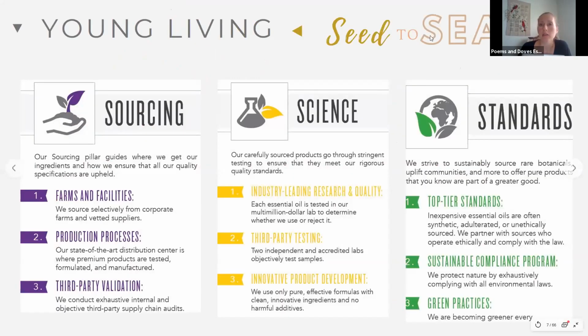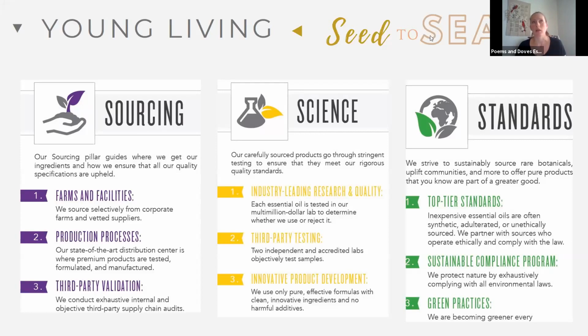Seed to seal is their promise, that from the seed to when the bottle is all sealed up, every step of that process is quality. And from the sourcing, how do they source their farms? They have third-party validation for every step of their process, so they're not just relying on themselves to say, hey, we're great.